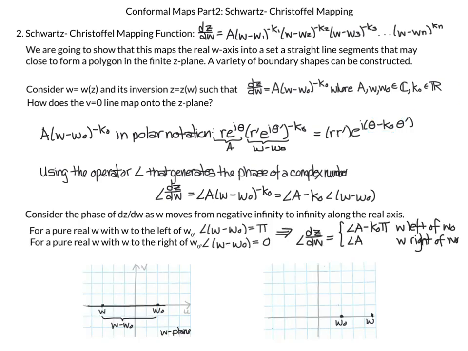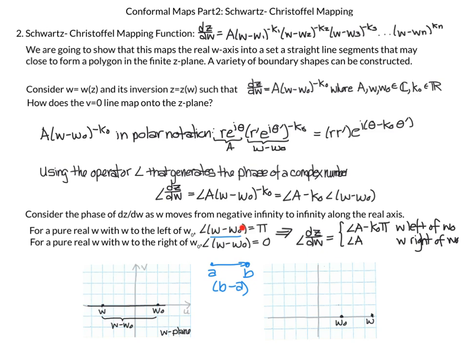Next, we're going to consider the phase of dz/dw as w moves from negative infinity to positive infinity along the real axis. So let's look at w minus w naught first. Remember, if you want to express the vector that goes from point A to B, then we express that as b minus a. That is your ending point minus your starting point.